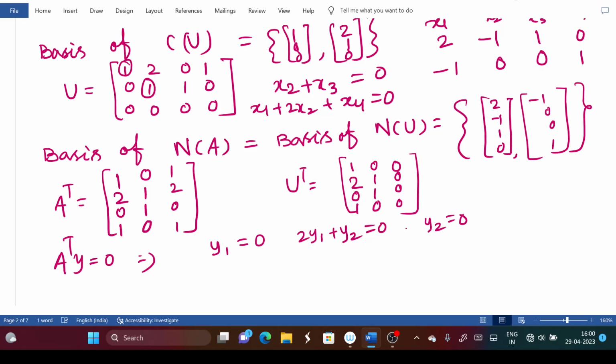So here what we got, y2 0, y1 0, it is of no use. So just only free variables. So here this column contains pivot and this column contains pivot, because the last column is a 0 column, so it has no pivot. So y3 is free. So y1, y2, y3, it is free, it is 1.